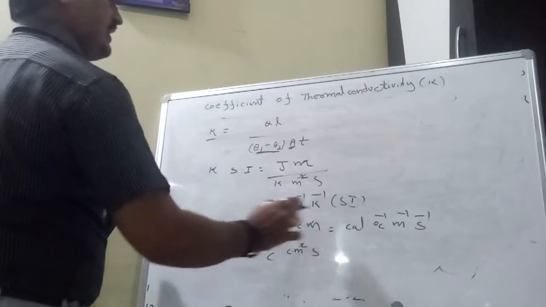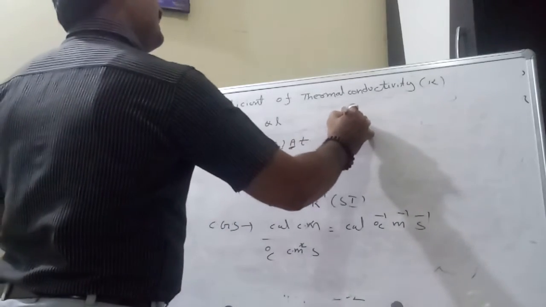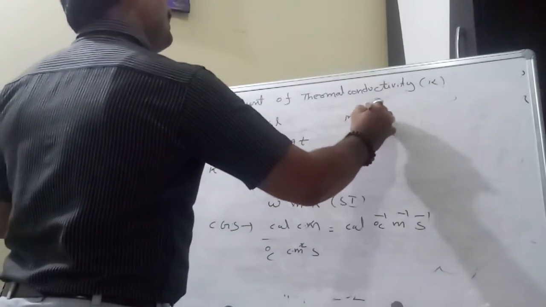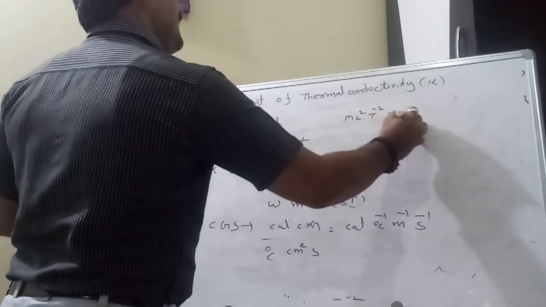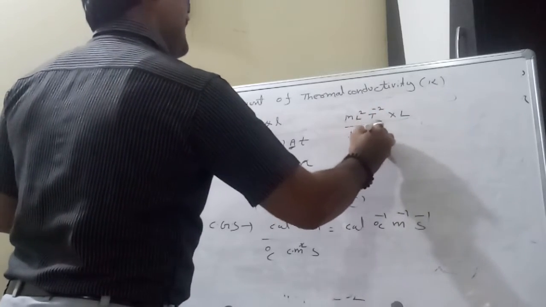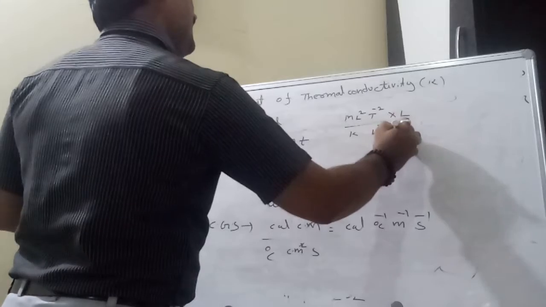Now the dimensional formula of K: M L square T minus 2 into L by K into L square into time t.